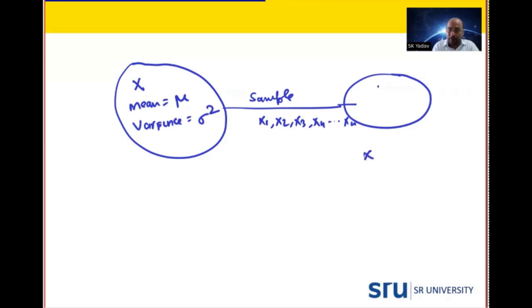We are computing here x bar as following normal with mean mu and variance sigma square by n. And here x is following normal with mean mu and variance sigma square.